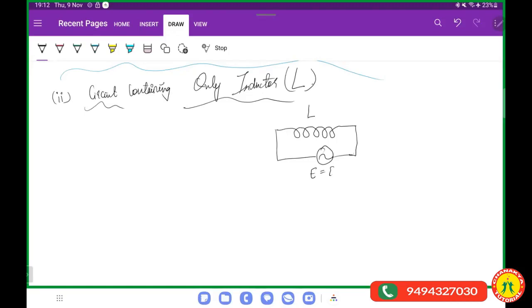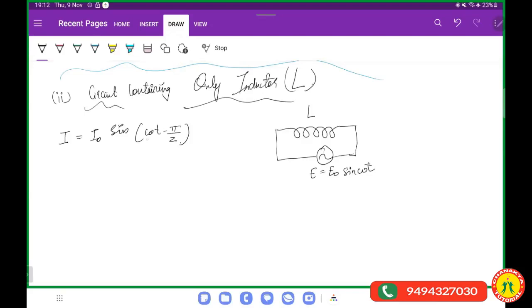E equals E naught sine omega t. Okay. So in the same way here, I equals I naught sine omega t minus pi by 2.